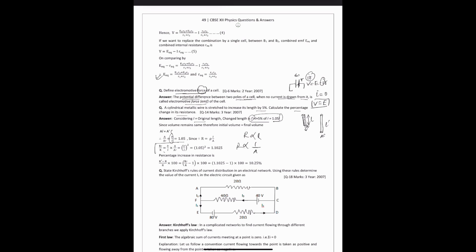So we get R dash equal to rho into L dash by A dash, and R equal to rho L by A. If we divide R dash by R, we get L dash A by L A dash, which is 1.1025. Therefore the percentage increase in resistance is R dash minus R by R into 100.